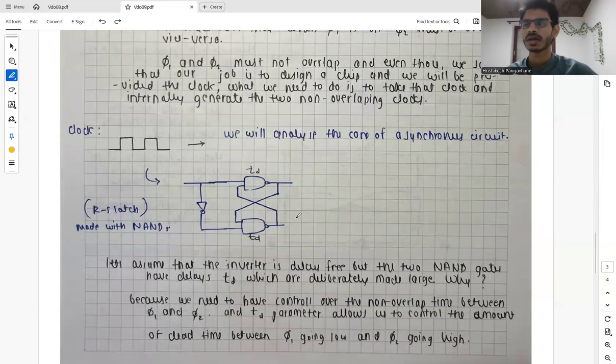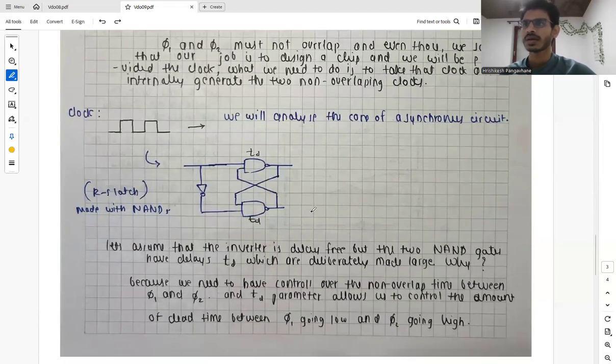So this is an RS latch, and let's assume that the inverter present here is delay free, so there is no delay introduced by this inverter itself. But the two NAND gates have a delay, which is TD, and that delay is deliberately made large.